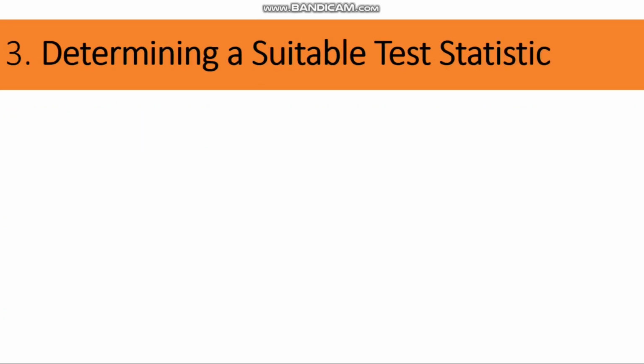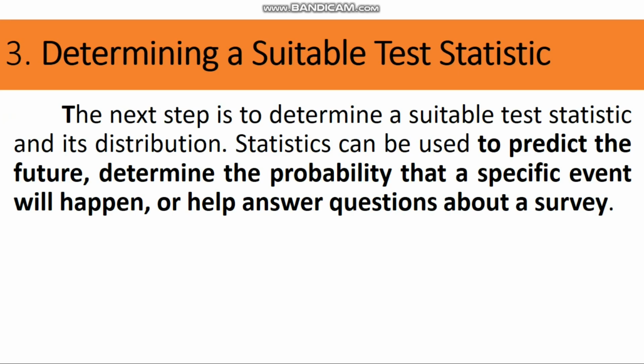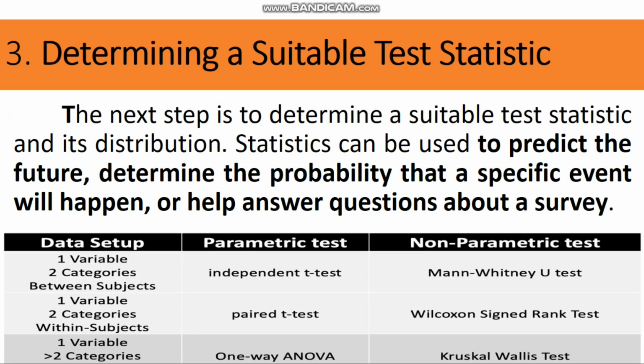Next one is determining a suitable statistical tool. Usually there are many statistical tools to get the result. Here the researcher has to take the correct statistical tool based on the nature of data. There are two types of statistical tool used in research. One is the parametric test, another one is the non-parametric test.